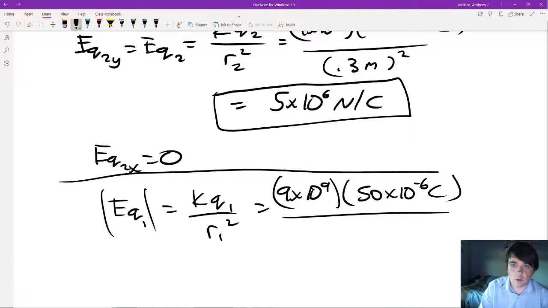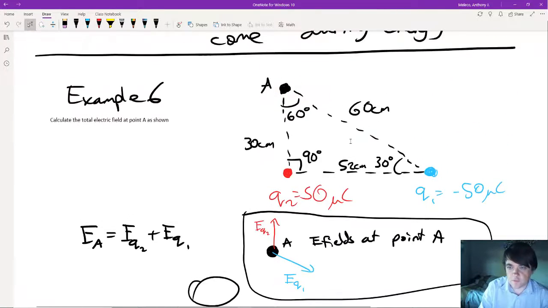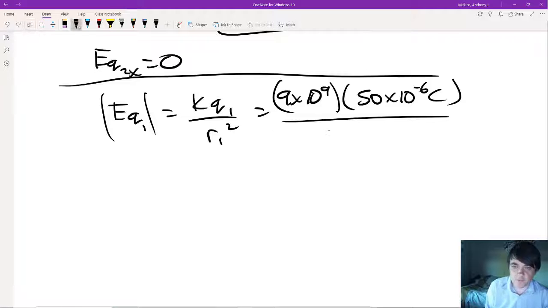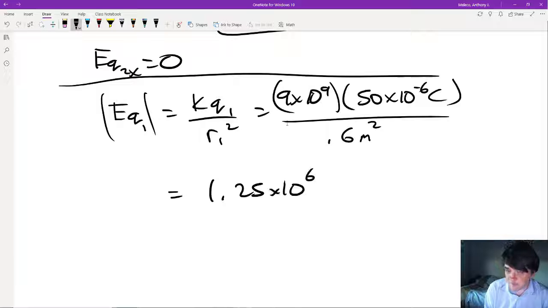Over R1, so the distance, 60 centimeters, so 0.6 meters squared. You plug that in, you get 1.25, sorry, times 10 to the 6 Newton per coulomb.